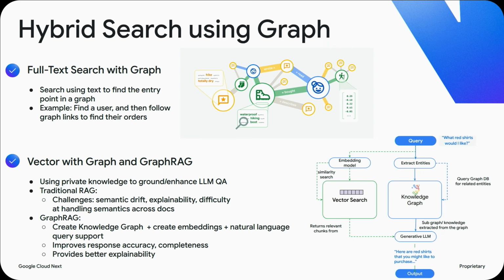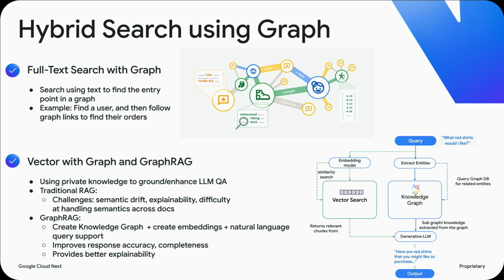What this allows us to do is make it very easy to combine your full text and vector with your graph. For the example at the top, a very common problem when you're doing graph-based usage is you want to do some sort of traversal. You start with a node, and then you traverse to see what other nodes are linked to that node.